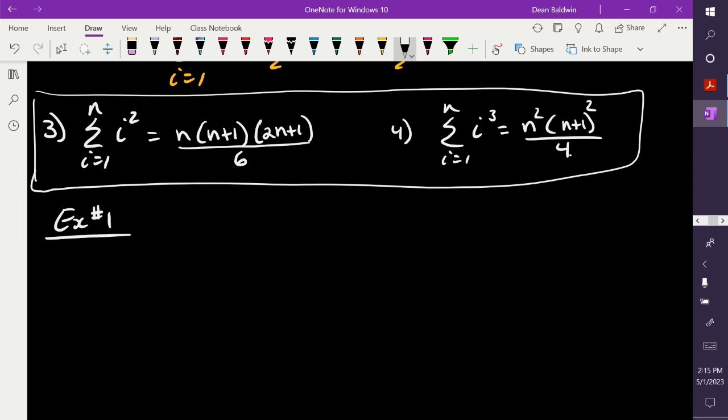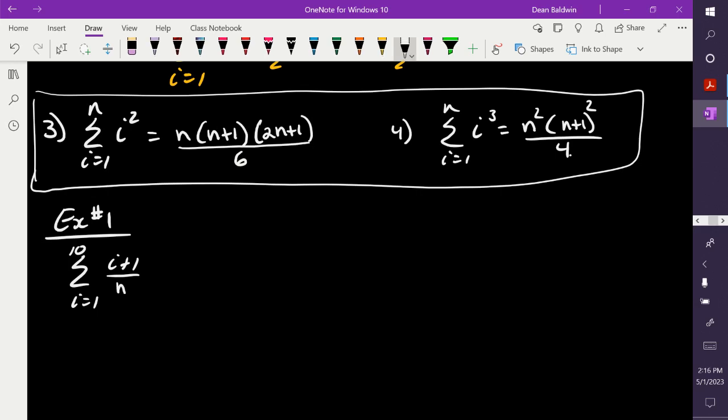So let's do the sum from i equals 1 to 10 over... I messed up.